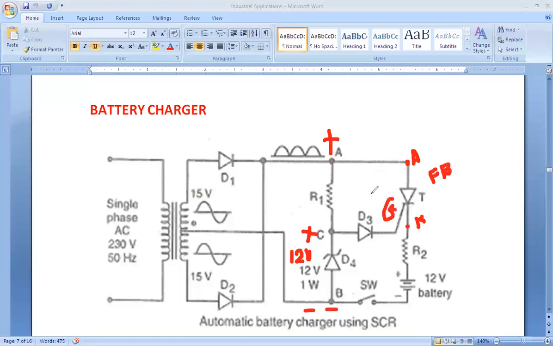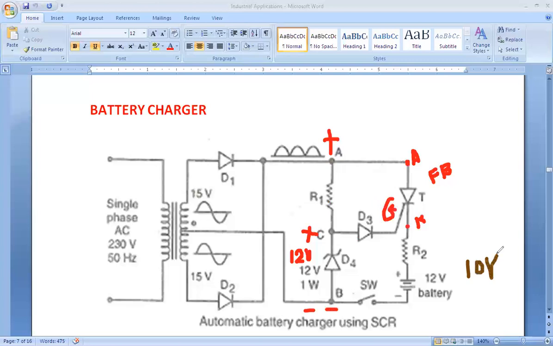So to allow the current from anode to cathode, we need only gate current. Then how can we provide this gate current? Generally, if we consider that the battery has some lower voltage, which is less than 12 volt, let us assume that the discharged voltage level of the battery is 10 volt.